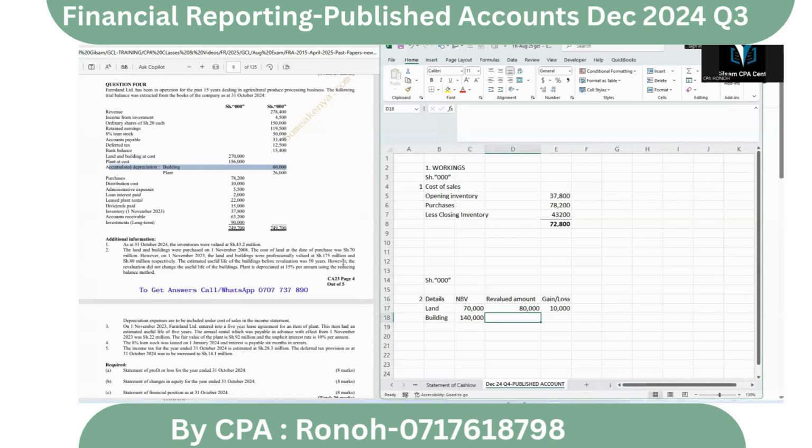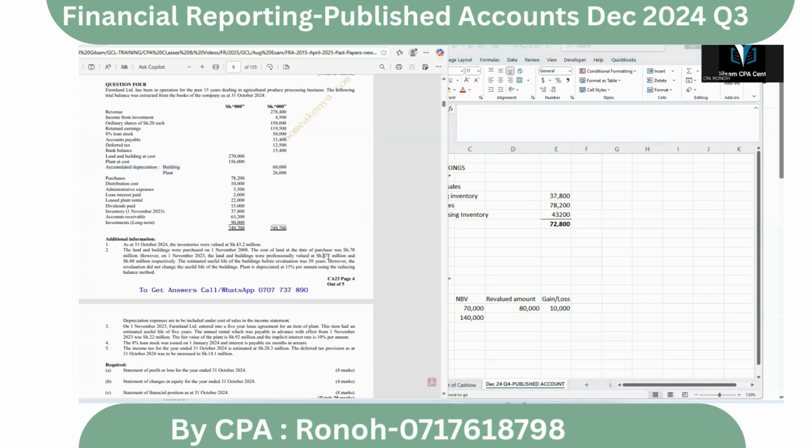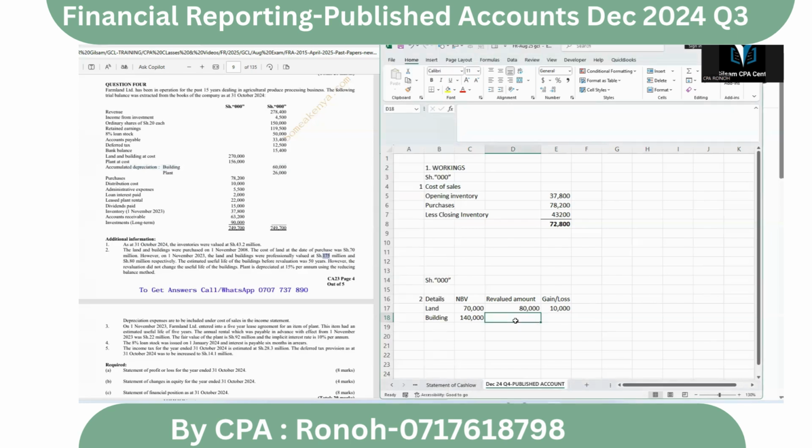Then they revalued this asset to 175,000. So we have 175,000, the current value of that asset. So what is the revaluation gain? That is 35. So get this total revaluation. So this is a new revaluation.